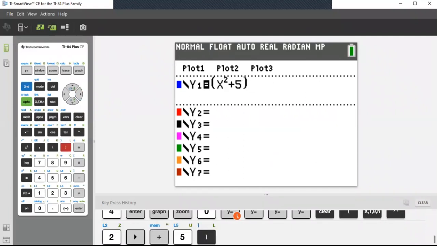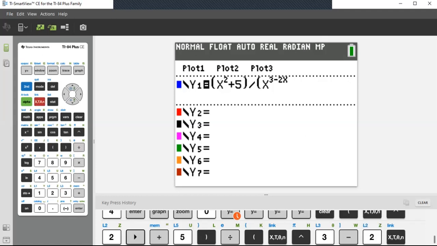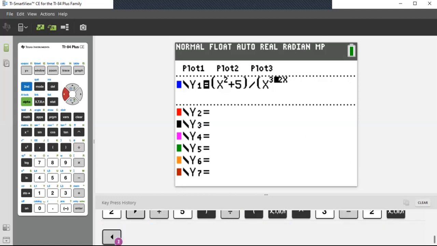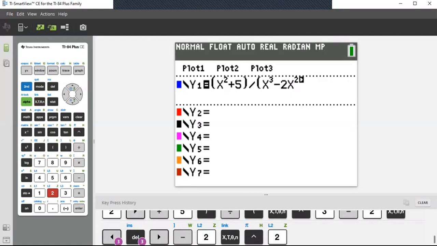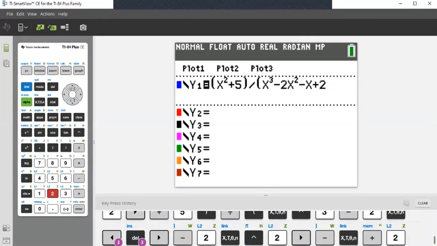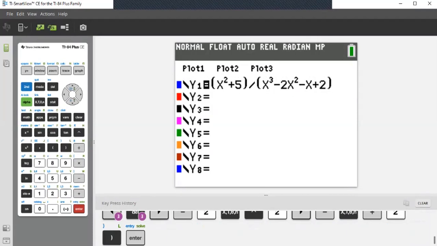I'm going to close the parentheses for the top, and the bottom in its own set of parentheses is x to the third minus 2x squared minus x plus 2. Okay, so there's my function.